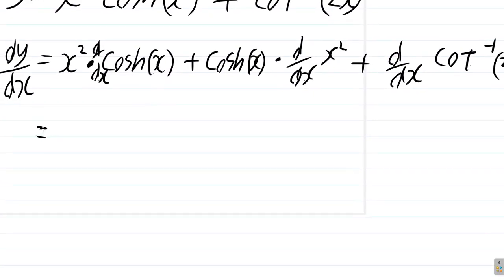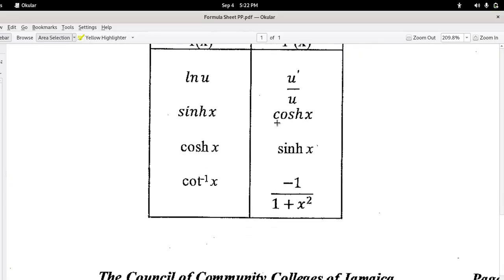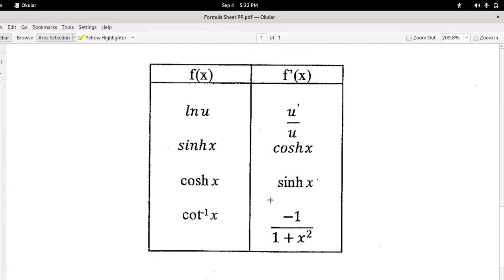We have dy by dx is equal to x squared times, what is the derivative of the hyperbolic cosine of x? We look at our formula sheet, and we see that the hyperbolic cosine of x, when you find the first derivative, you get sinh x.